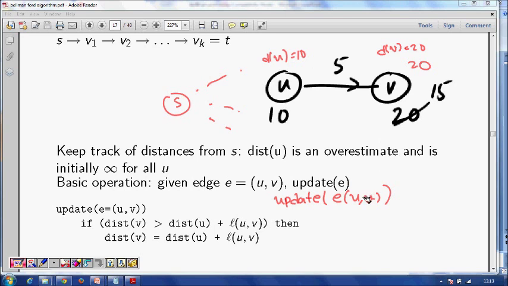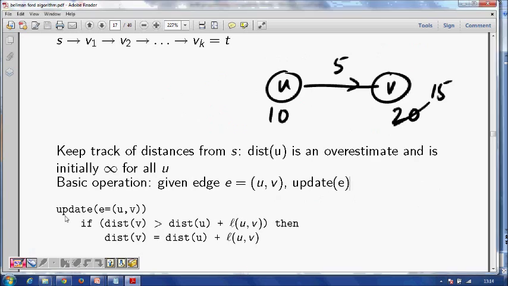So if the distance of V presently from the source is greater than the distance of U plus this edge weight, then we will update, because I now know that there is a shorter path from U to V. So 20 is greater than D of U, which is 10, plus 5, the edge weight, so we will update D of V to be 15. Otherwise we will leave it, as it is better now.